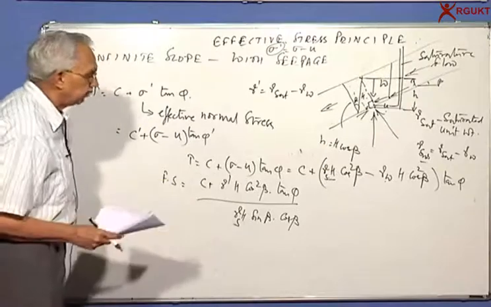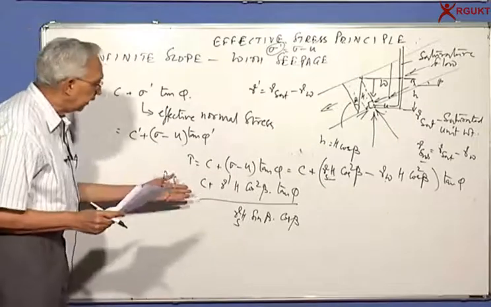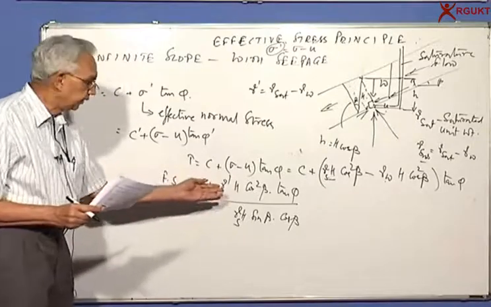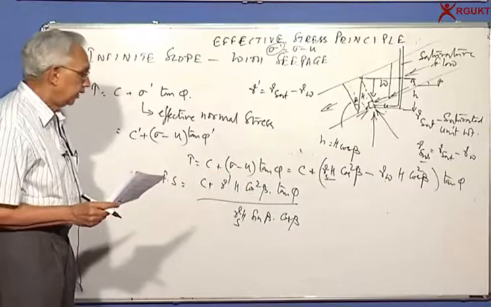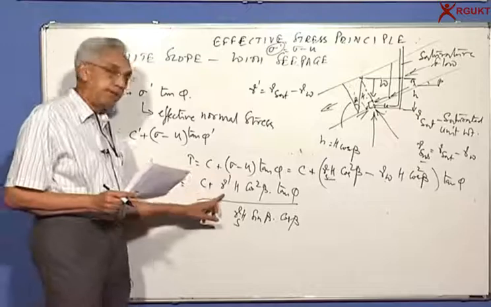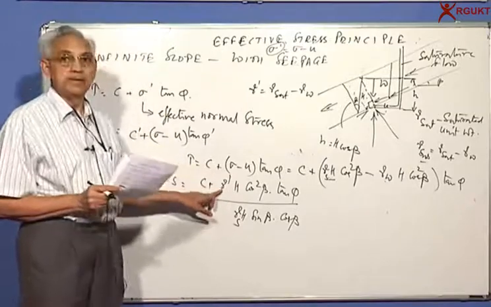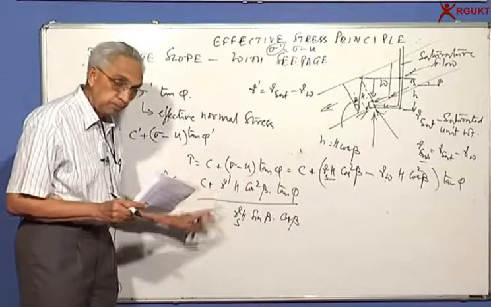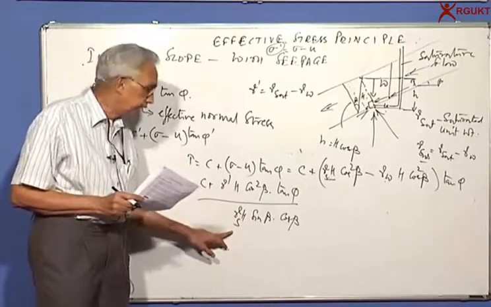So we take care of that, and if I now look at it very simply, what you will get is C plus gamma prime h cos square beta tan phi by gamma saturated. In the numerator, because I am looking at effective stresses, I am looking at the submerged unit weight or the buoyant unit weight. But the force that is causing sliding is the total unit weight.